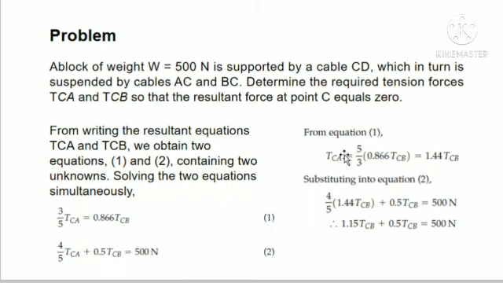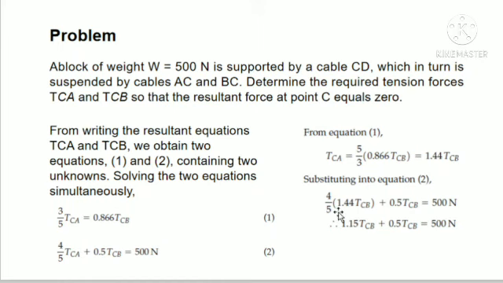Since we now have TCA equal to 1.44 tension CB, it becomes 4 over 5 times 1.44 tension CB plus 0.5 times tension CB, that is equal to 500. Because 500 is going down, it is vertical, so it is part of the vertical component. In the horizontal component, the 500 is not included because it has no horizontal component.